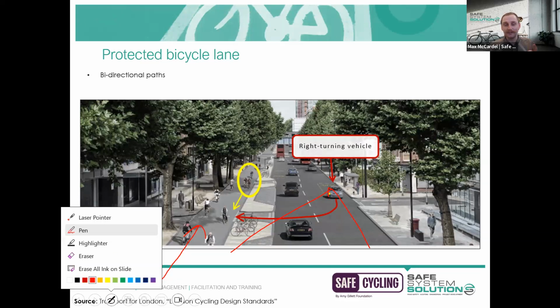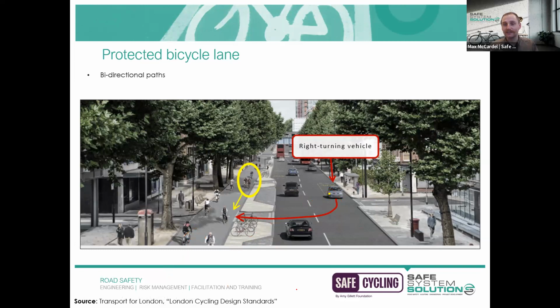By no means am I saying that you shouldn't do them and you can't ever possibly implement this treatment. What you can do to help mitigate this as a particular risk, if you've got the carriageway space particularly, is see how in this example, there's like this little bay here. So a right-turning vehicle would be able to pick a gap in traffic, perform their right turn movement, enter this little bay, pause again, give way to the cyclists within that facility, and then cross over to enter the minor leg.